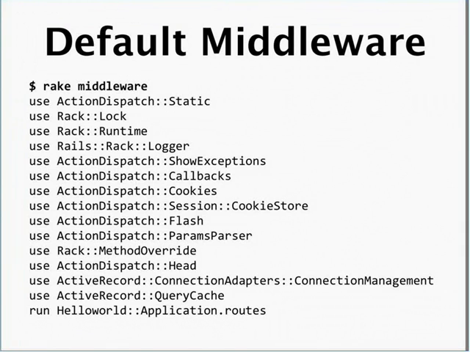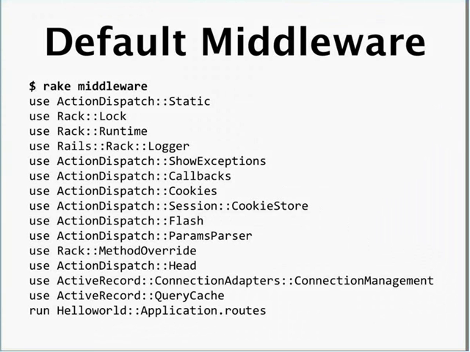You have Action Dispatch, you have components from Rack, you have Rails Logger, which is a generic Rails component, and then you have the main Action Dispatch components, another Rack component, Action Dispatch again, and even stuff from Active Record, and then finally the Rack application generated from your routes and your controller.